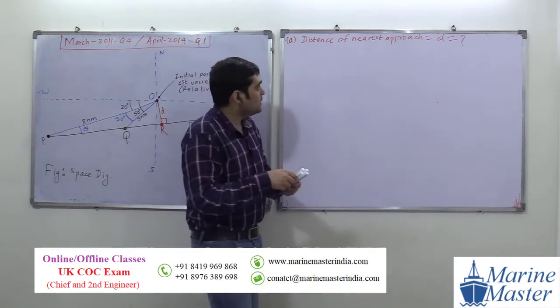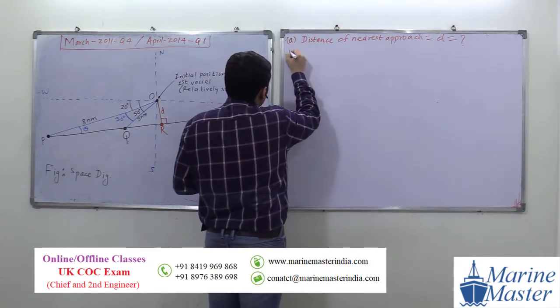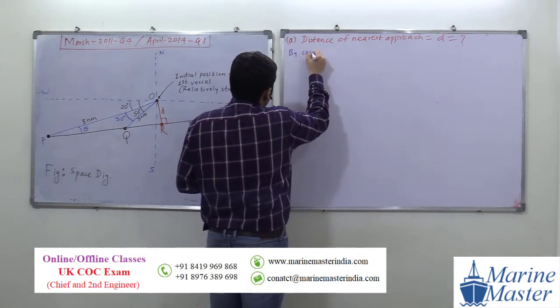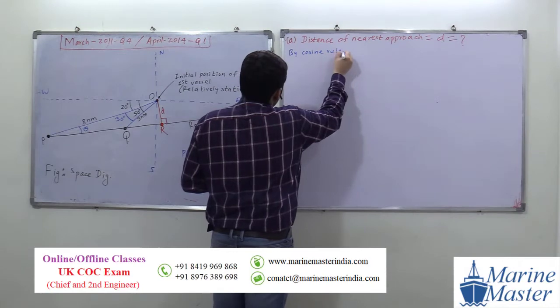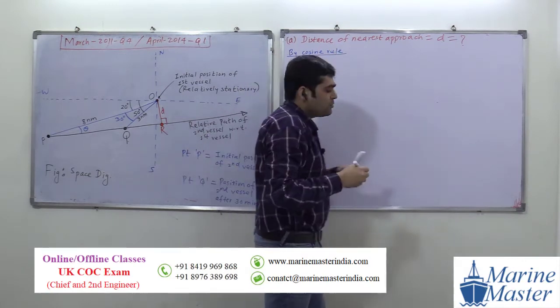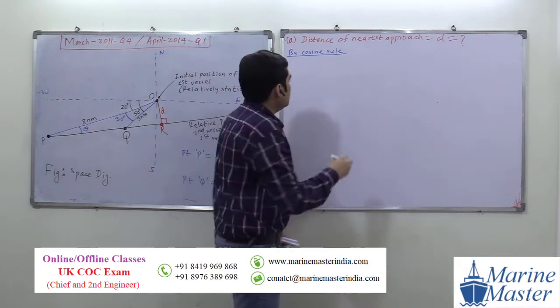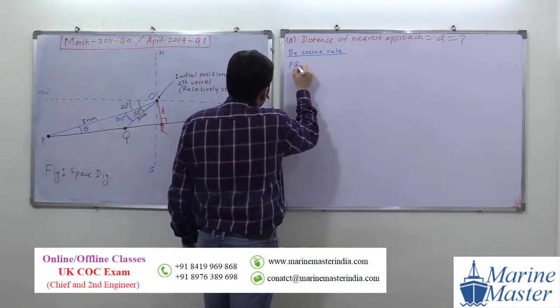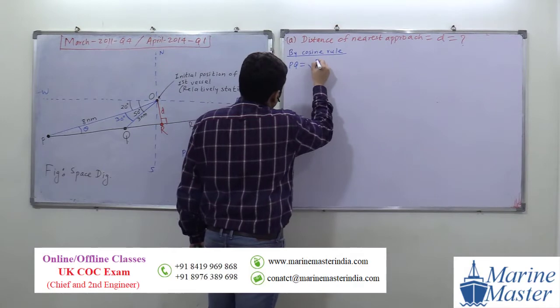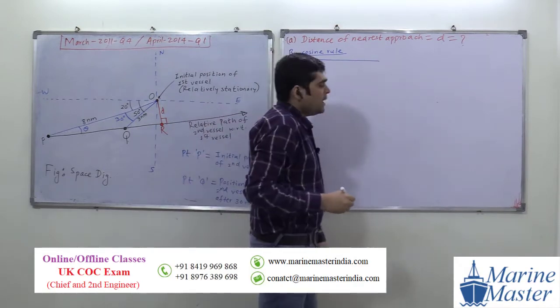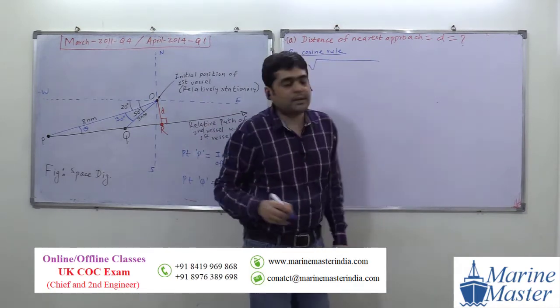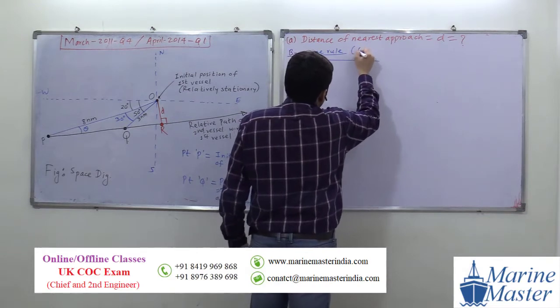So here, by the cosine rule, we will get the value of PQ. So PQ is equal to under root of... and for your reference, I am writing here in brackets triangle.